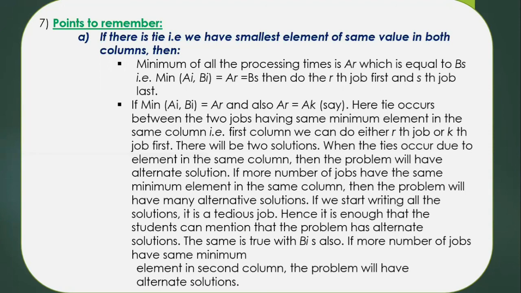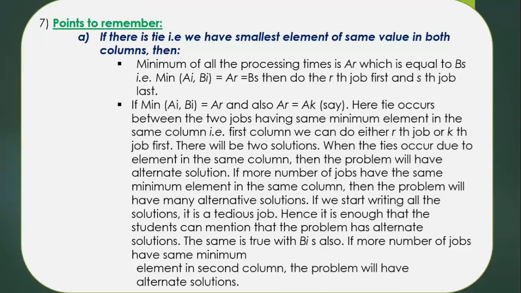And second, if minimum A sub i, B sub i equals A sub r, and also A sub r is equal to A sub k, say, here, tie occurs between the two jobs having same minimum element in the same column. So first column, we can do either rth job or kth job first.